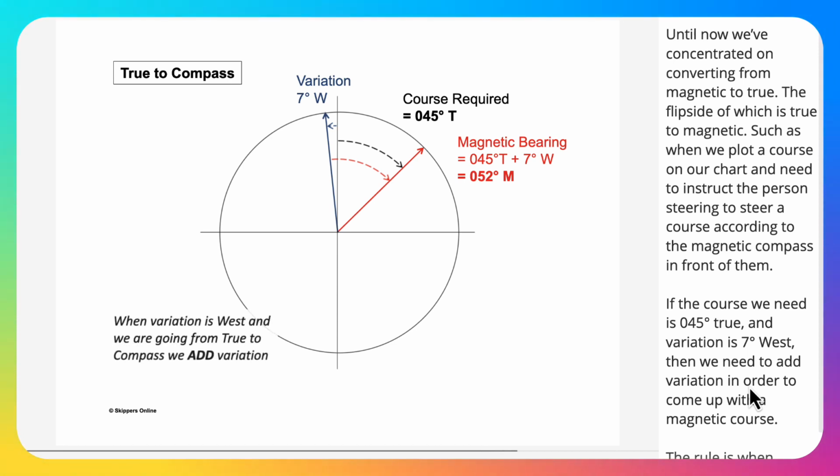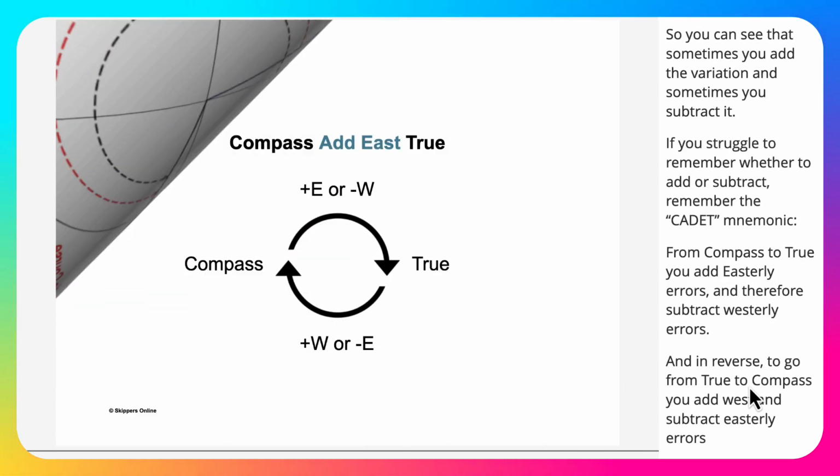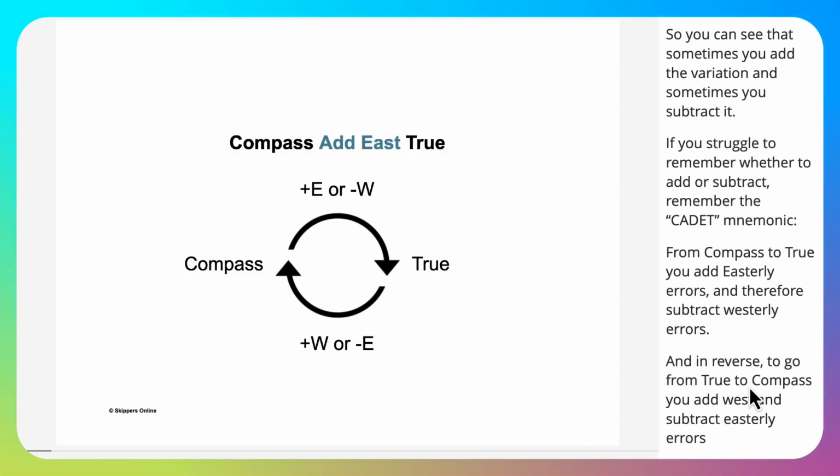The rule is, when variation is west and we are going from true to compass, we add variation. Finally, if variation is east and we are going from true to compass, we subtract variation. So you can see that sometimes you add the variation and sometimes you subtract it.